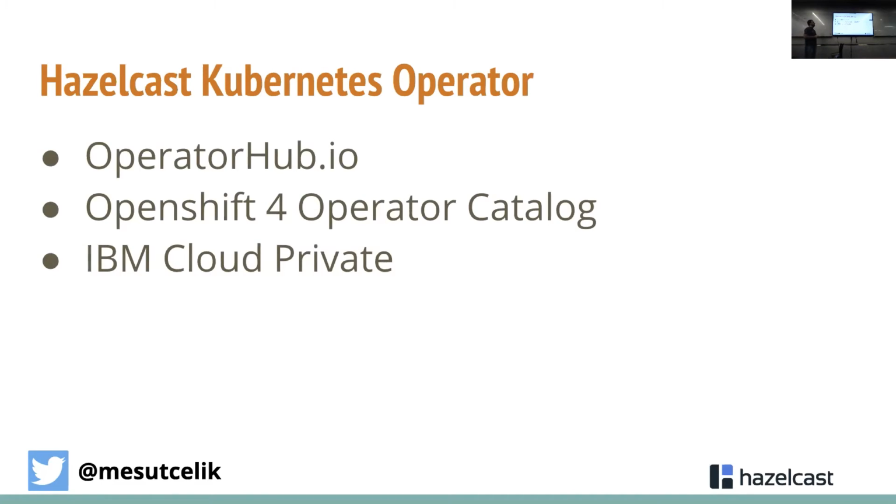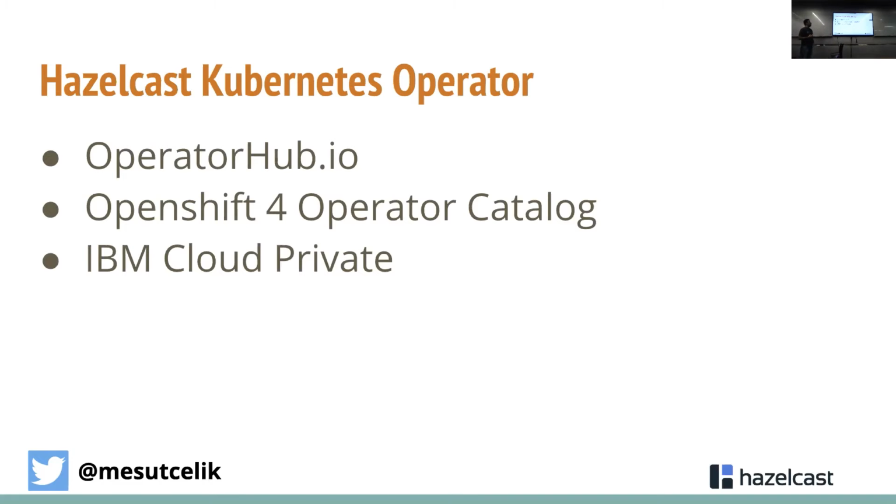The other option is using a Kubernetes operator. The difference between a Helm chart and a Kubernetes operator is that you actually extend the Kubernetes API, and with a simple REST request you can create a Hazelcast cluster on your Kubernetes cluster. OperatorHub.io is a curated operator place, if you haven't heard about it. Hazelcast is listed there, so you can go and check.